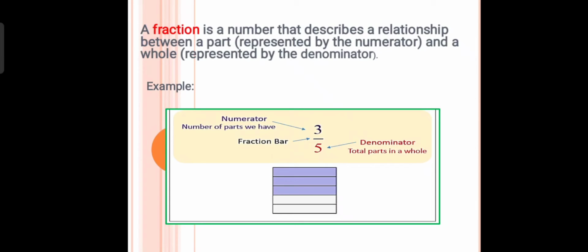So, what is the numerator? We have 3. And then, what is the denominator? 5. So, 3 is the part of a whole, which is 5. We have here the fraction bar between 3 and 5.